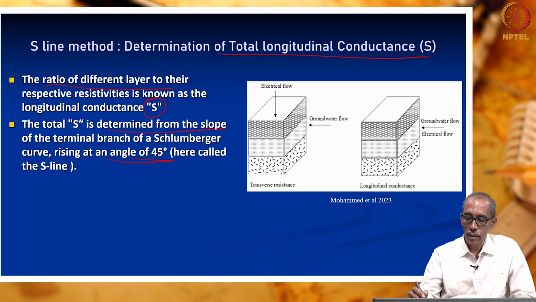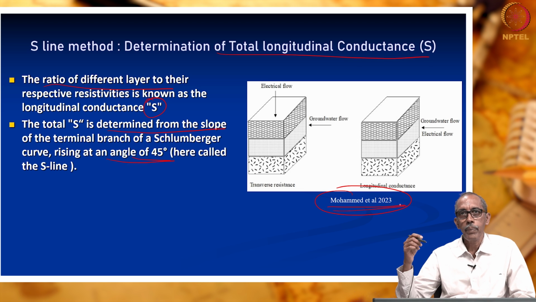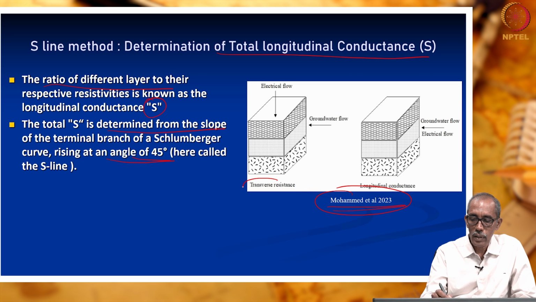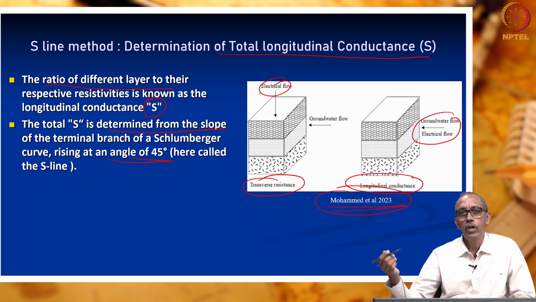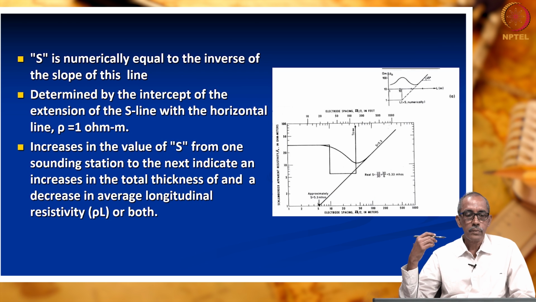This method was suggested by researchers who came out with a research paper in which they tried to relate how transverse resistance of electrical flow is related to longitudinal conductance of groundwater flow beneath the surface of the earth.